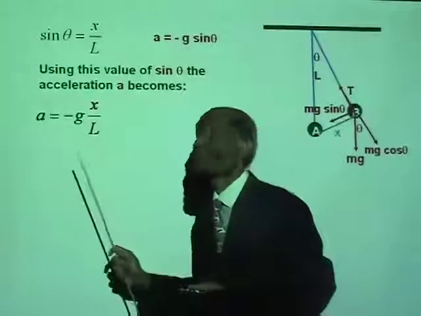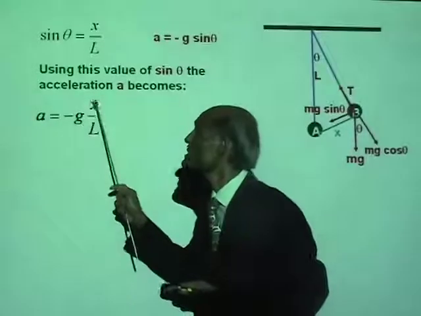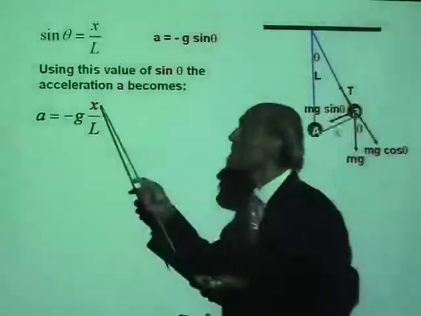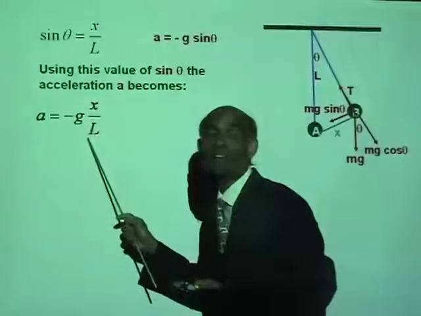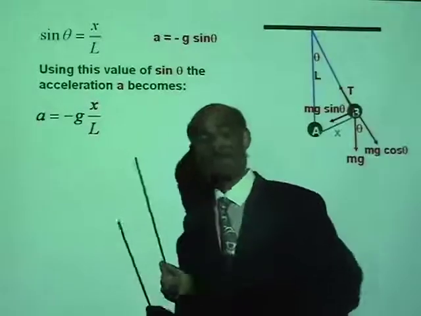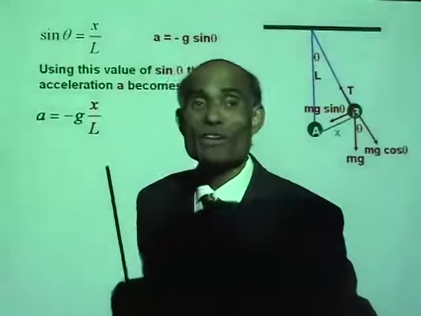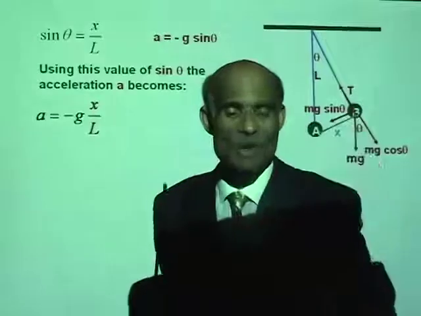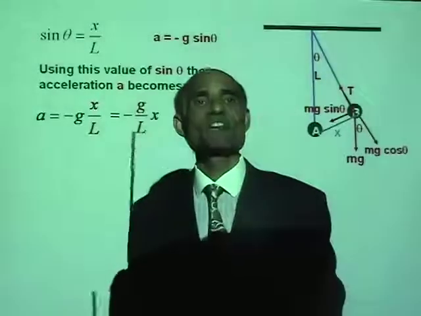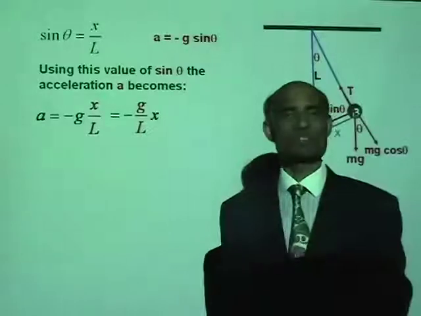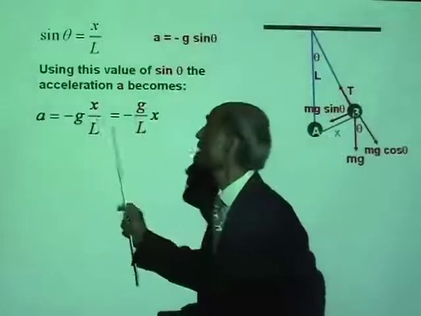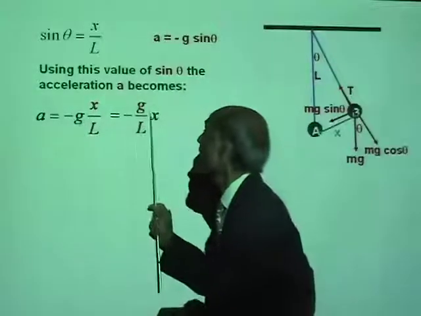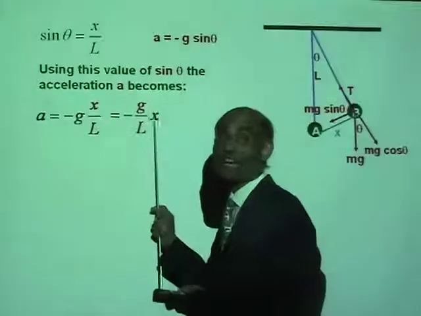The equation for acceleration now becomes negative g times x over L, where x is the displacement, L is the length of the pendulum. Alright, do you now recall the equation for acceleration we developed for simple harmonic motion? What is the acceleration for simple harmonic motion? Do you see I rewrote this equation as negative g over L times x, where what does x stand for?